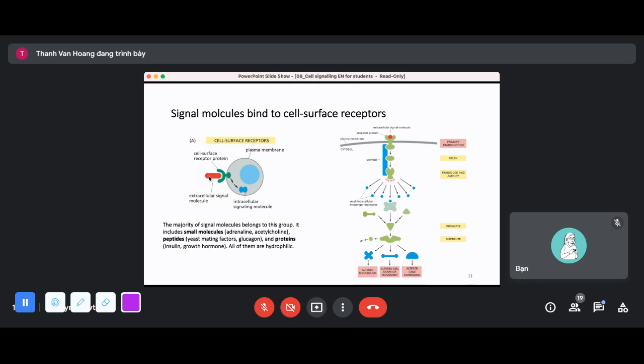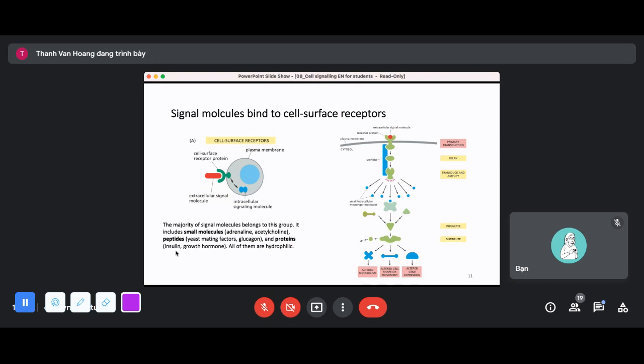The hydrophilic signal or ligand can be a small molecule like adrenaline or acetylcholine in our example previously, or a peptide like glucagon for the liver, or proteins such as insulin or growth factor.